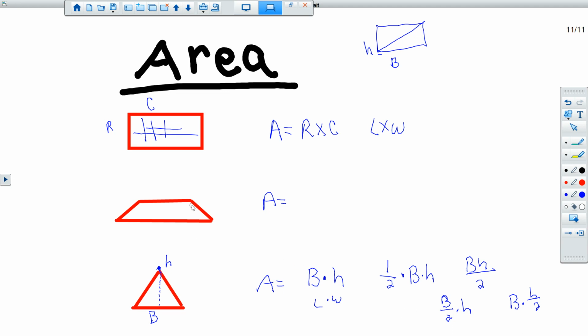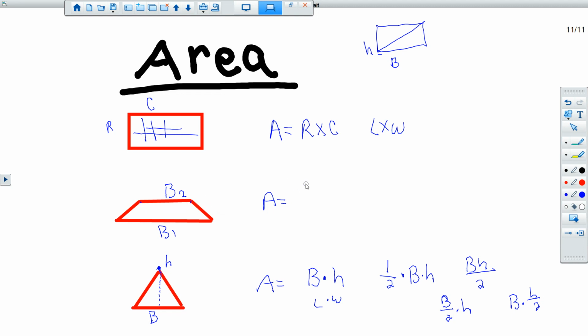Now, this is where this gets really kind of crazy, because this is base 2, this is base 1. Okay, so it's really the same thing as a triangle. If you could picture this triangle, this point right here and this point right here touching, it would just be a triangle. And somebody took and they stretched it out.